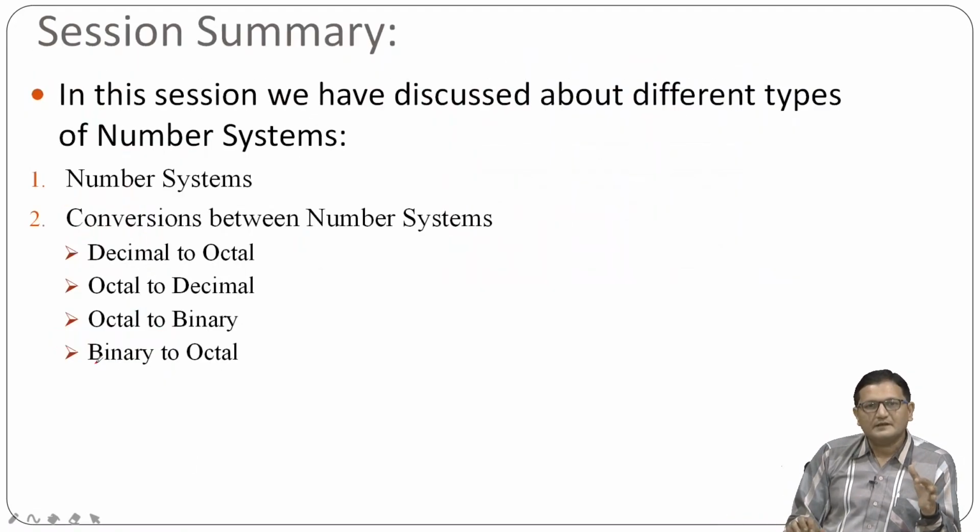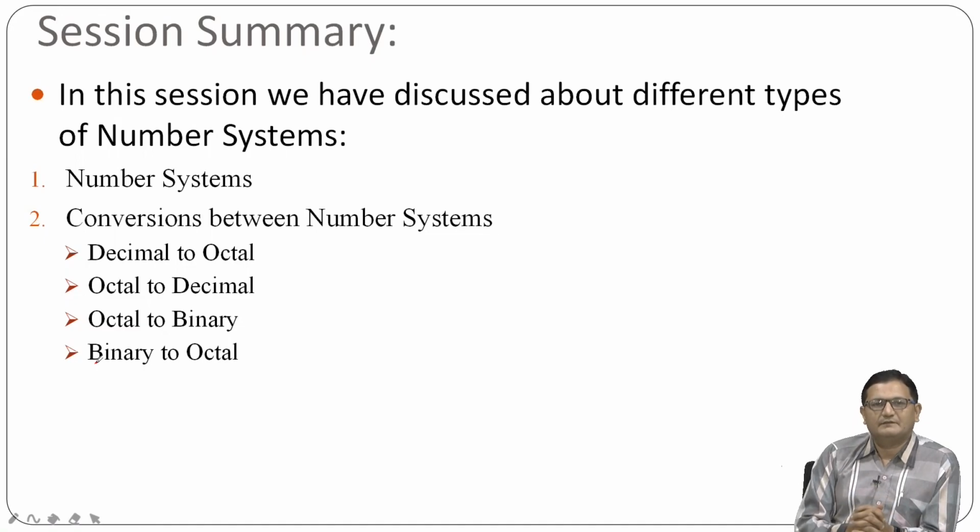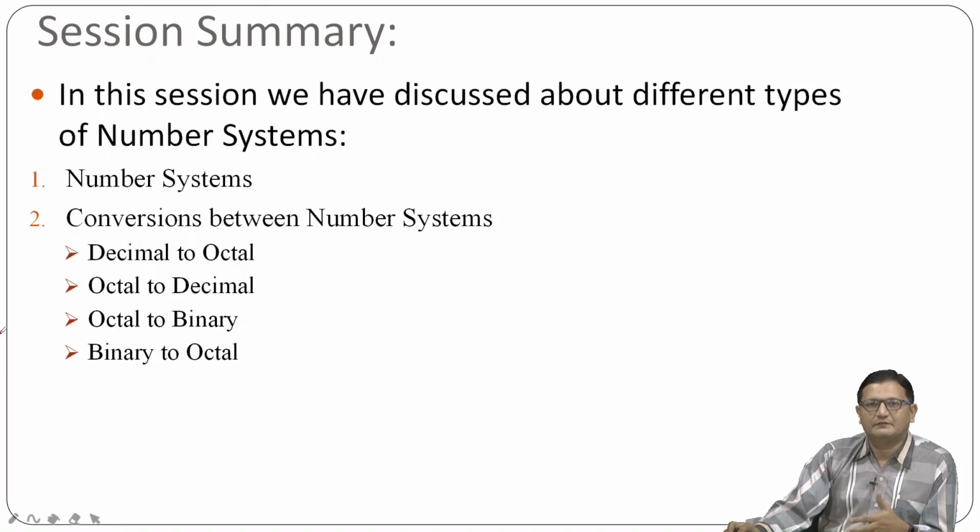So in this particular session, what we have done is we have learned what an octal number actually is, how we can convert a decimal number to an octal number, how to convert an octal number into a binary number, as well as how to convert a binary number into an octal number.